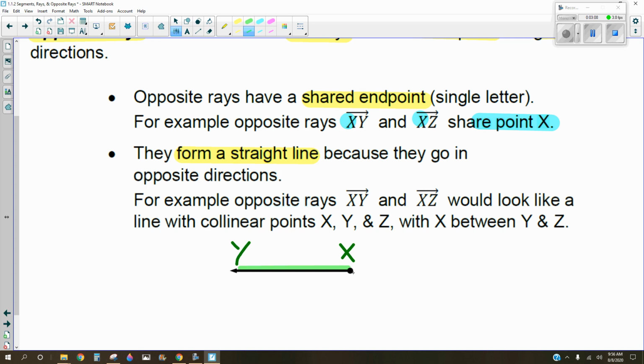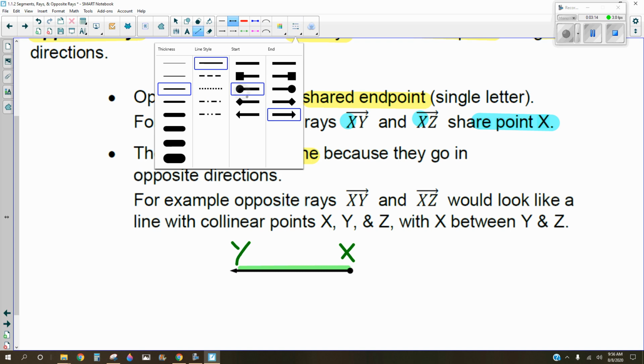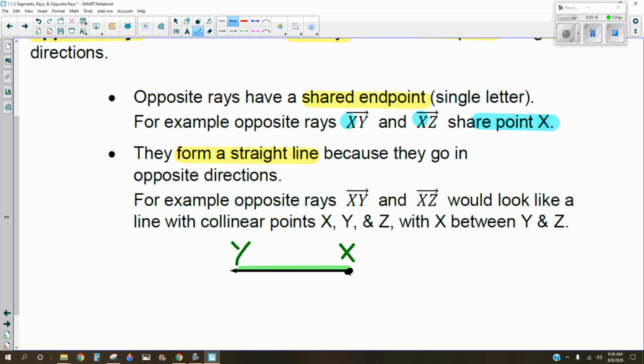Well, if I'm going to make an opposite ray, the important part here is that it still starts at X, but it moves in the complete opposite direction. And the letters the problem gave us said that this one right here is going to be called XZ.